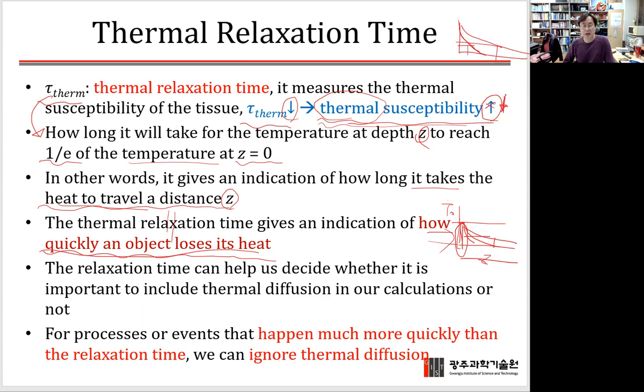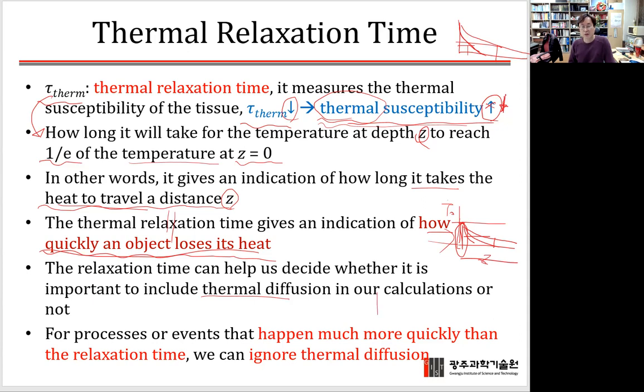So the relaxation time gives us some idea of whether it is important to include thermal diffusion in our calculations or not. For processes or events that happen much more quickly than the relaxation time, we can actually ignore the thermal diffusion.